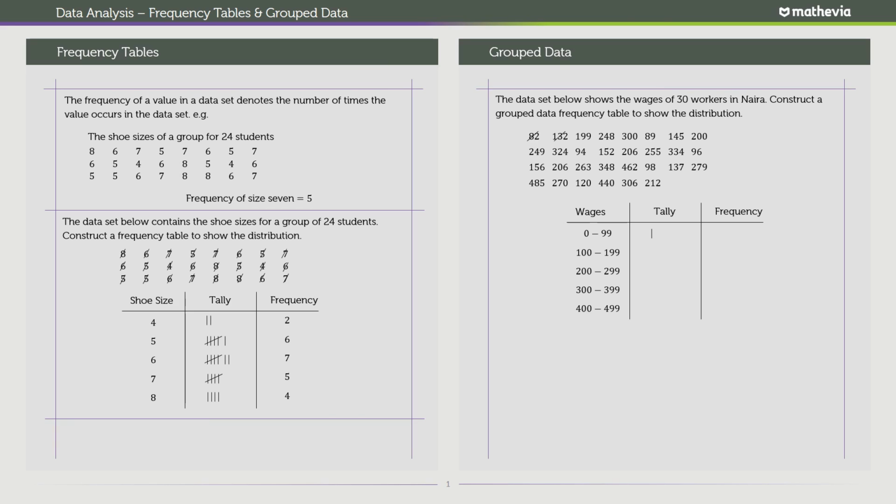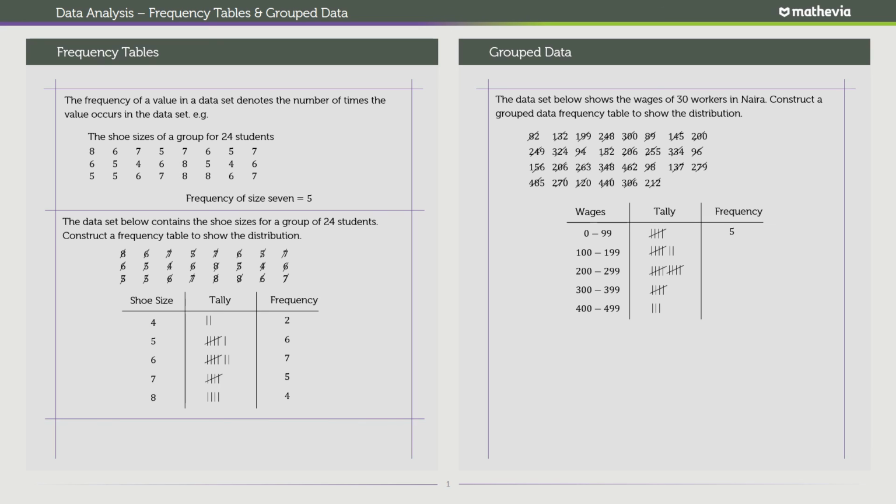Then 132 would fall between 100 to 199, our second group, and we put our mark there, and then we just go ahead for the rest. We have 199 falling between 100 to 199, and 248 falling between 200 to 299. And once you've done all of that, you would arrive at your values here.